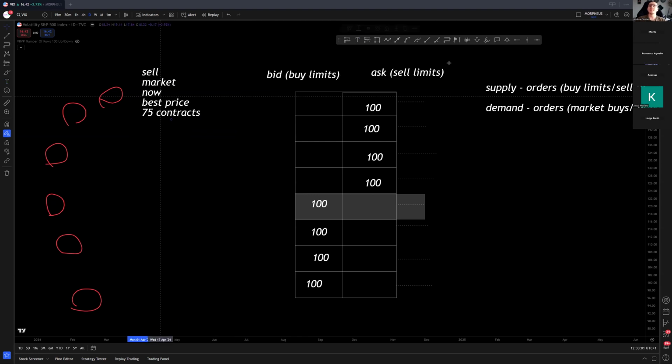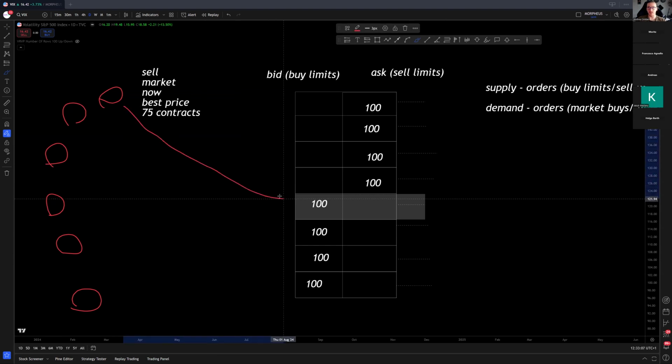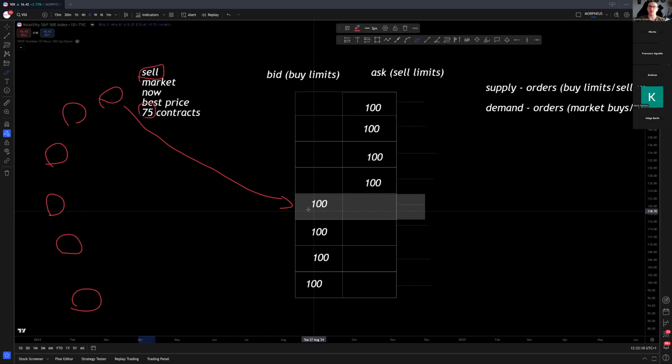If he needs to sell market now, who is he going to sell to? These guys. That's the best price at which he can sell, because if I want to sell those 75, there needs to be someone buying those 75. So in the bid, 100 guys with one contract, or one guy with 100 contracts.